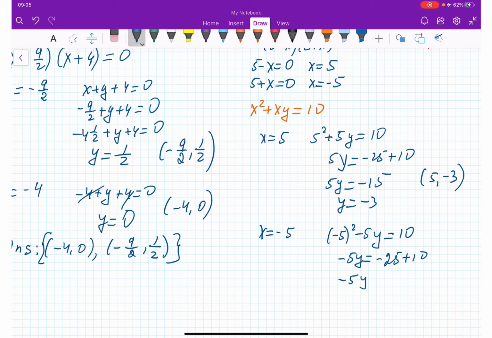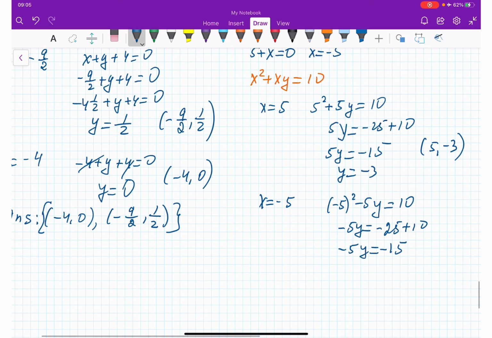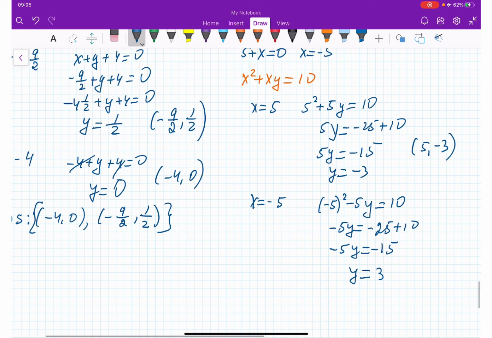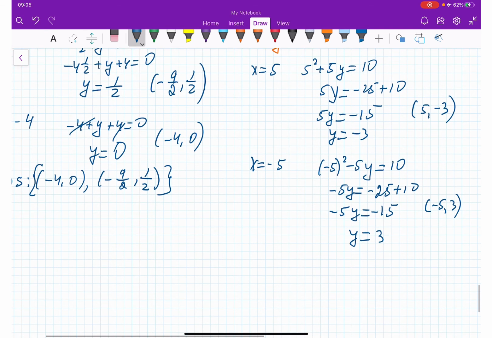Negative 5y is equal to negative 15, and y is equal to positive 3. So the second answer is going to be negative 5 and 3. And this way, the final answer is going to be 5, negative 3, negative 5, positive 3. This is going to be the set of answers.